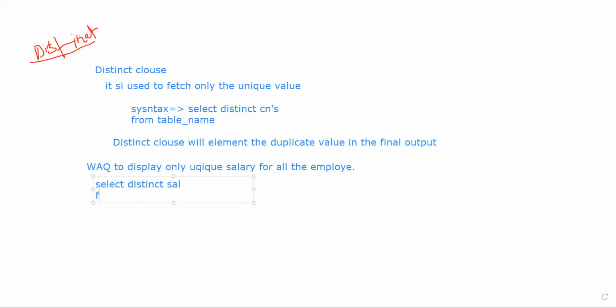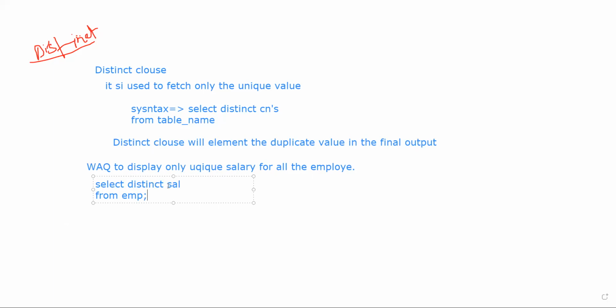Very good. From EMP table. This is the employee table. This is the query of this question: write a query to display only the unique salary for all the employees.